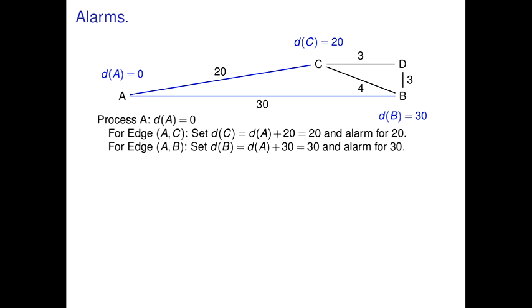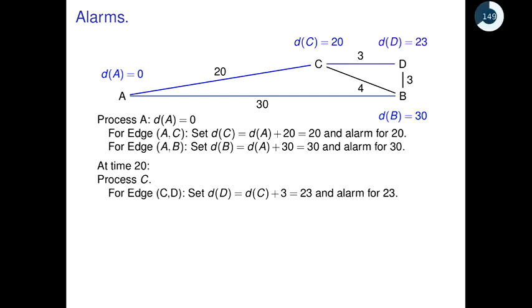I don't have to do anything for 20 steps, 20 passes through distance levels. At time 20, the alarm goes off, and I'm like, okay, what do I need to do? I need to process C. That's what you do in this alarm.